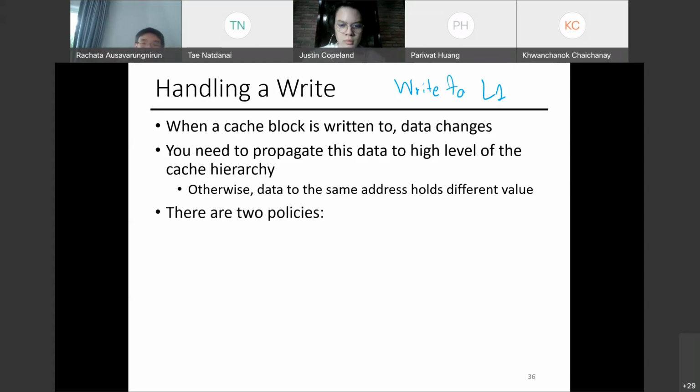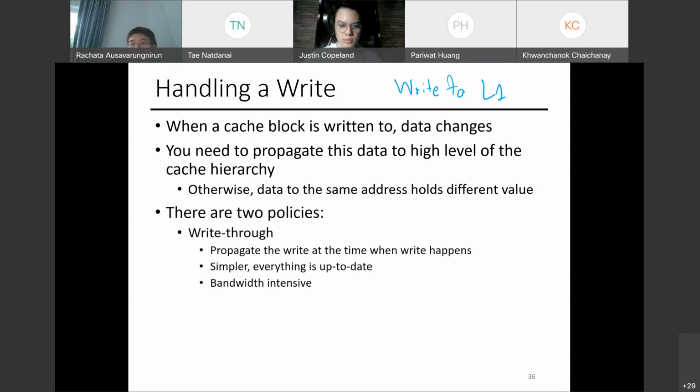So there are generally two policies. Write through is simple. Whenever I have a write, I write to every single level of my cache. This is what I said in the assignment from system skill. You write everywhere: write that block in L1, write that block in L2, and update the data in DRAM. Any questions about the write through policy?